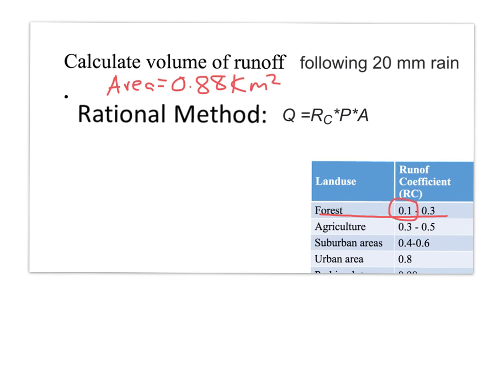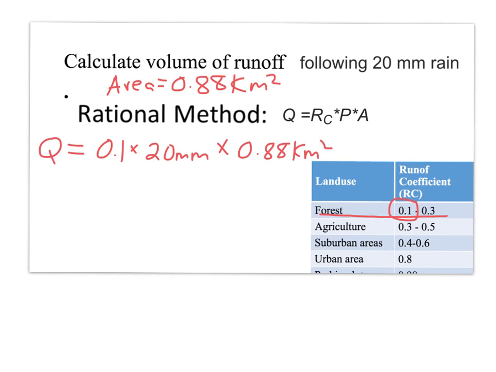Okay, to fill in this equation, Q is equal to our runoff coefficient of 0.1, with no units associated with it, times the precipitation depth of 20 millimeters. You want to keep your units when going through these equations, and you'll see why in just a minute. Then we multiply that by the area, 0.88 kilometers squared.